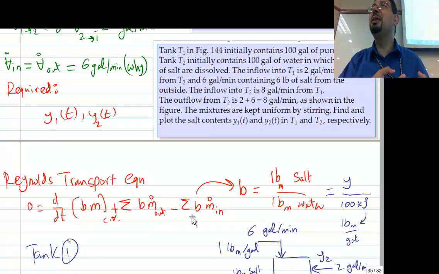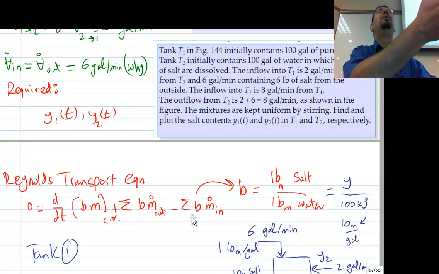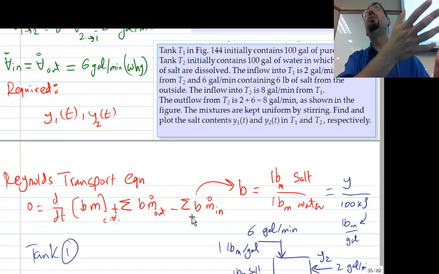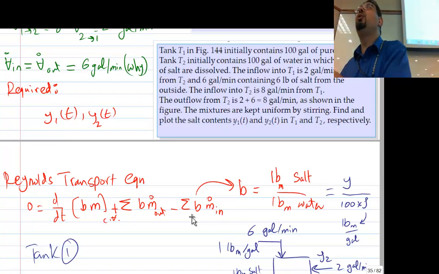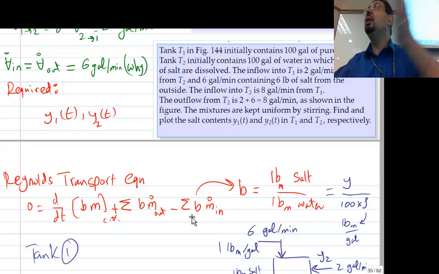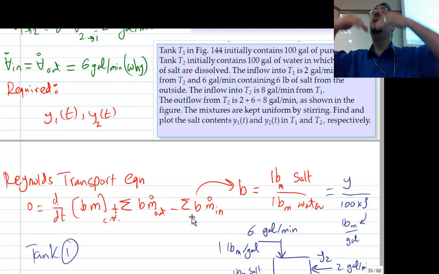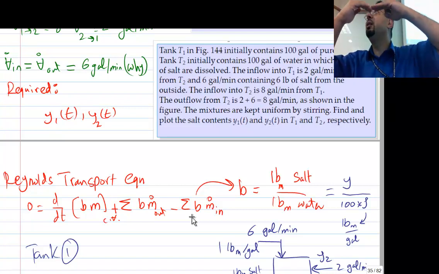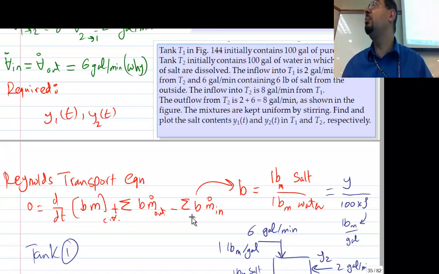It's simply saying that mass in minus mass out will end up being what? If I have 10 pounds of salt per minute coming in and only 2 pounds of salt per minute leaving, the difference between the 10 and the 2 is the rate of increase of the salt inside my control volume. That's what it boiled down to, right?